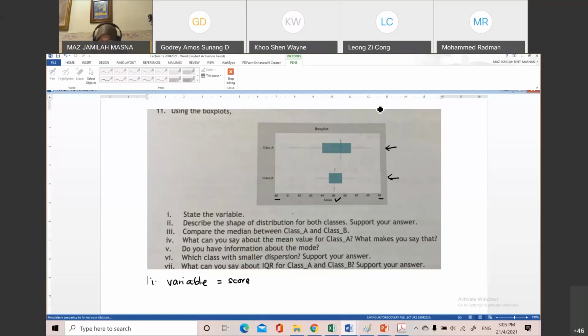So for class A, what can you tell first about your data? Left skew. Yes, more or less left skewed. Other than that, what else?